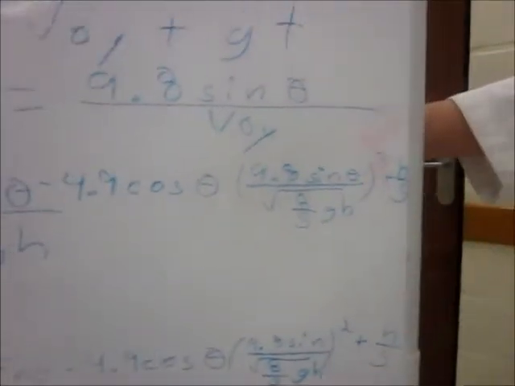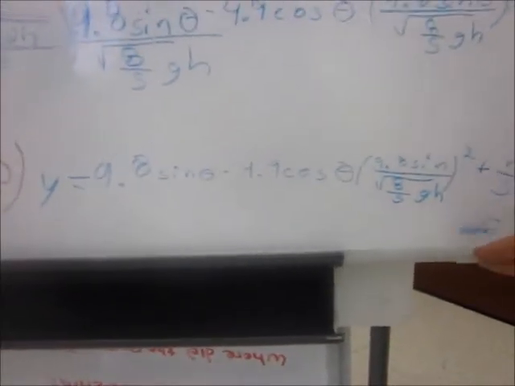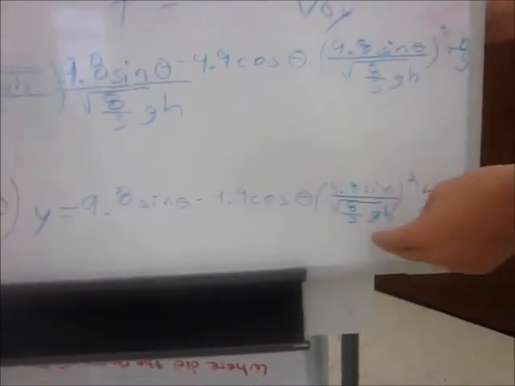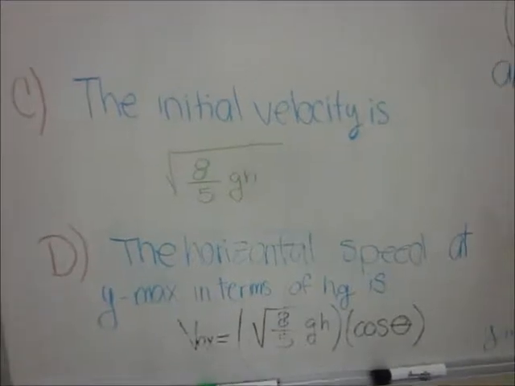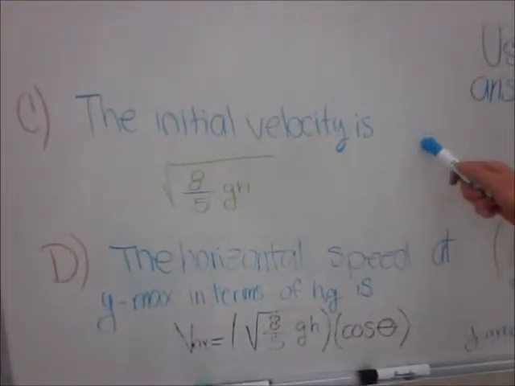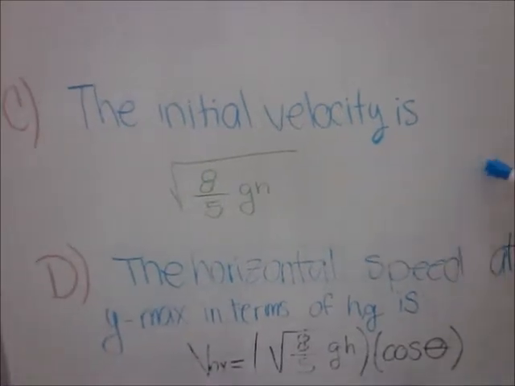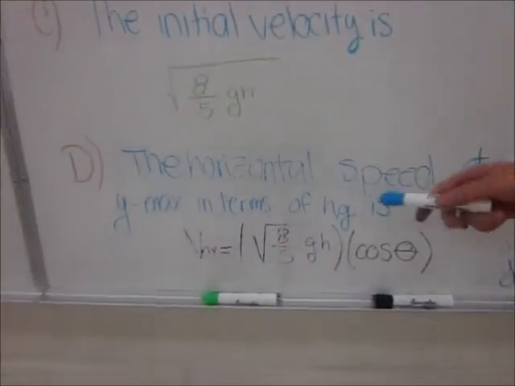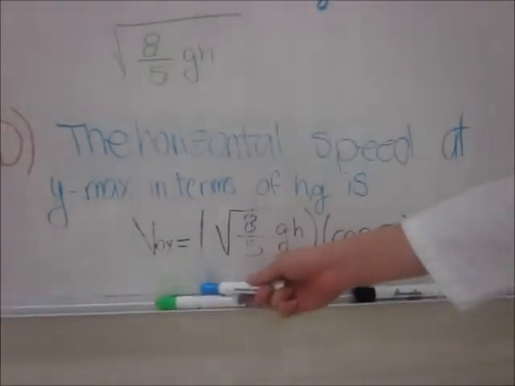Then using the previous answers, we simplify and we get 9.8 times the sine of theta minus 4.9 times the cosine of theta times this, plus the height over 5. Then in the statement, the initial velocity is the square root of 8 over 5 times gravity times the height. And the horizontal speed at y max in terms of h and g is this.